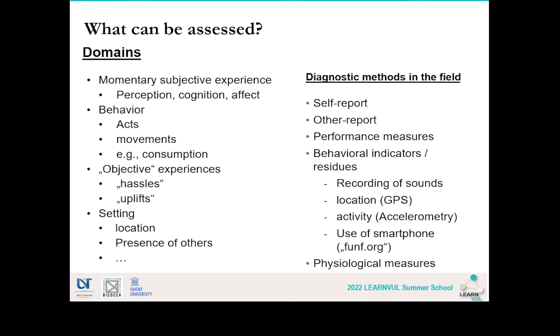So what can be assessed? I would say, what cannot be assessed, because you can do a lot of things. In the literature that I know of, most of the time it's about emotion, perception, affect, cognition, behaviors.